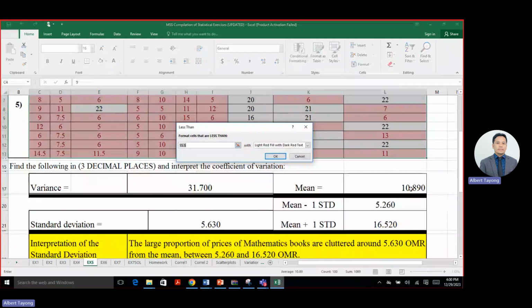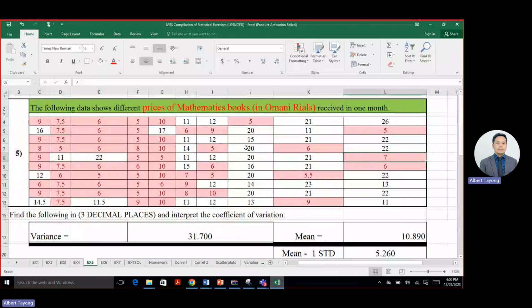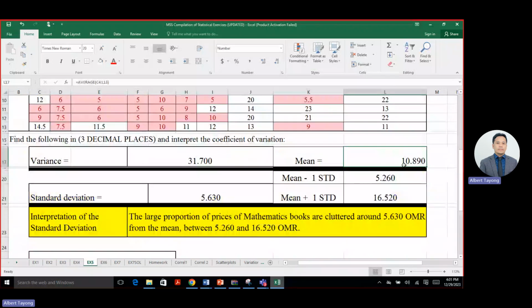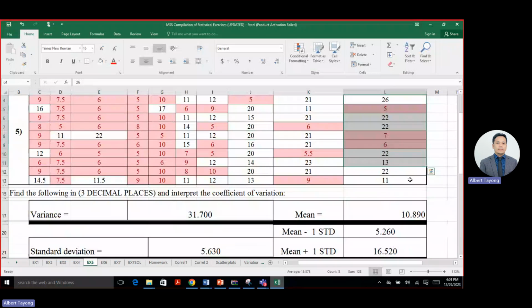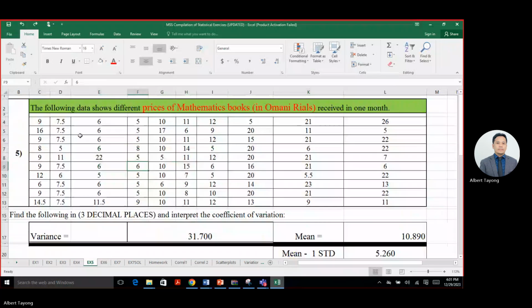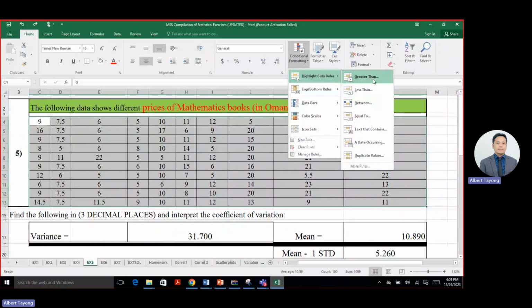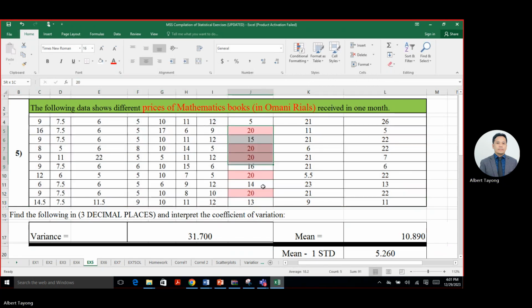You could see that maybe around 50% are lower than 10.89, and the white ones are the values higher than 10.89. Okay, and you can undo. You can also have greater than, equal to, text that contains 20, for example, to highlight all the 20s.